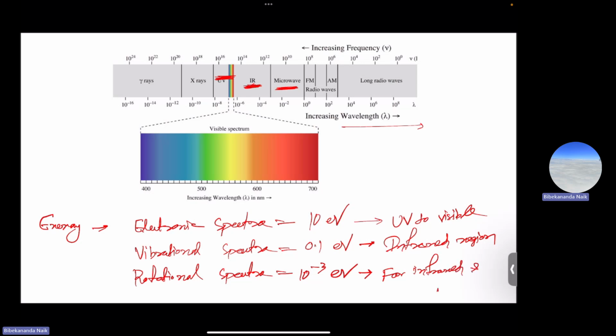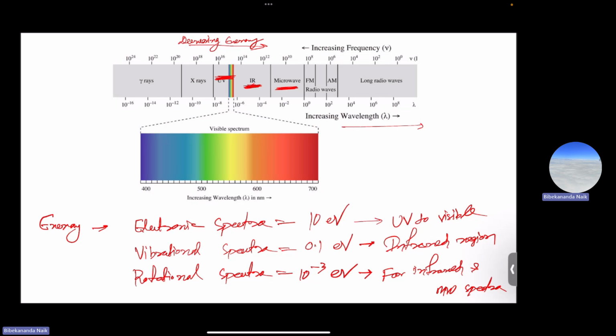As you can see, this direction is decreasing energy. As we go from X-ray to UV to visible, then infrared, then microwave, the energy decreases.